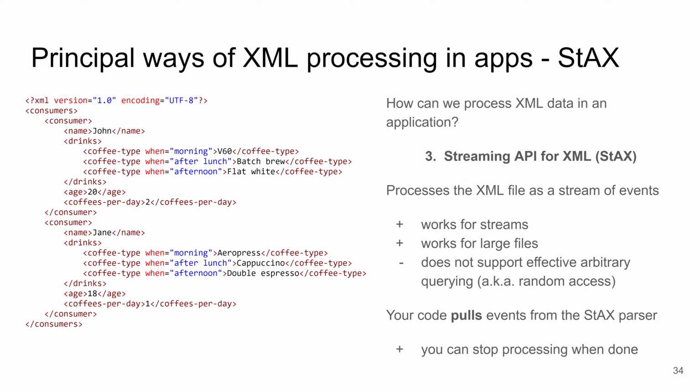There is another API for reading XML called StAX, the Streaming API for XML. And this works in a similar fashion to SAX. So it also reads the XML file as a stream of events. However, it doesn't push the events into your code. It allows your code to actually pull the events from the parser.